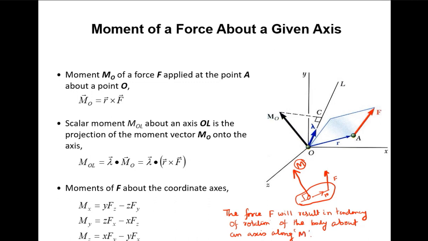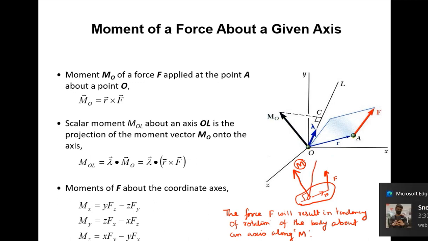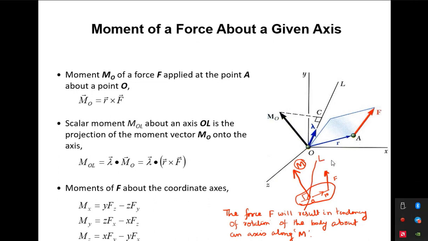Now say if I wish to find out moment about any other axis, say this is one axis like this, say this is L. Say this point is O, right? Now the tendency of the body is to rotate about OM.